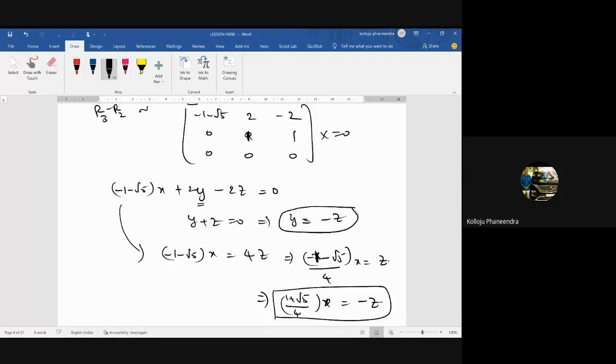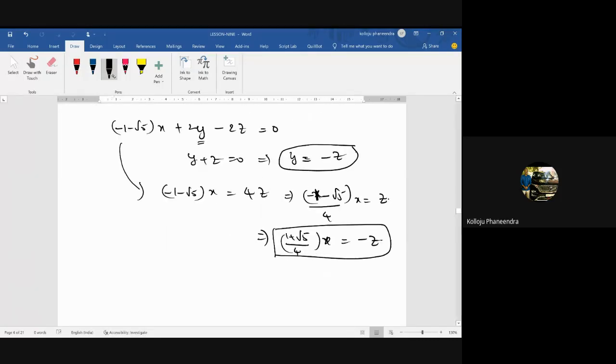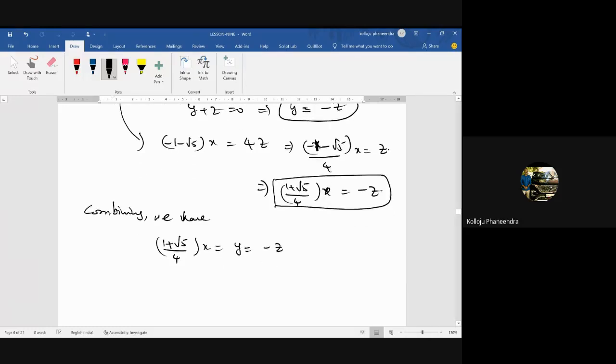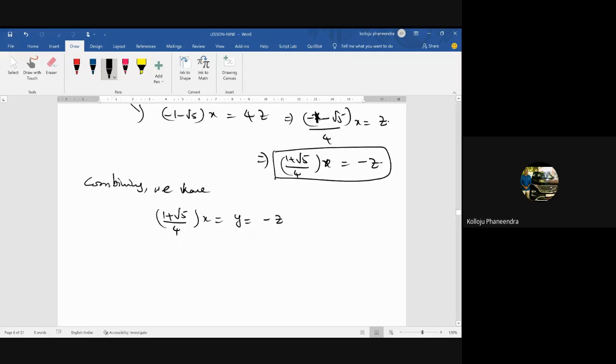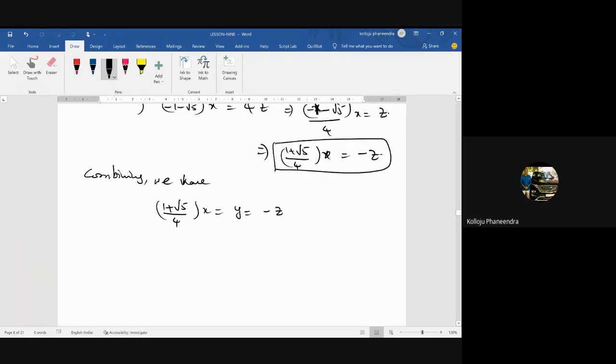Now let us combine these two. For minus z, combining, we have 1 plus root 5 by 4 into x equal to y equal to minus z. Done.